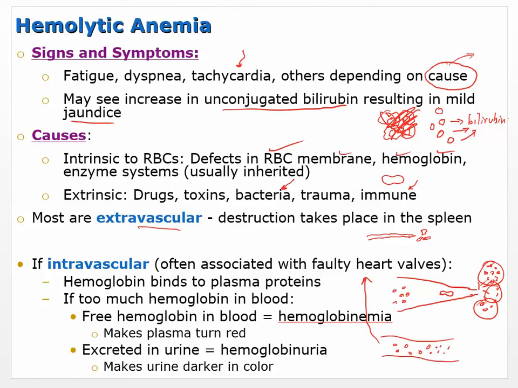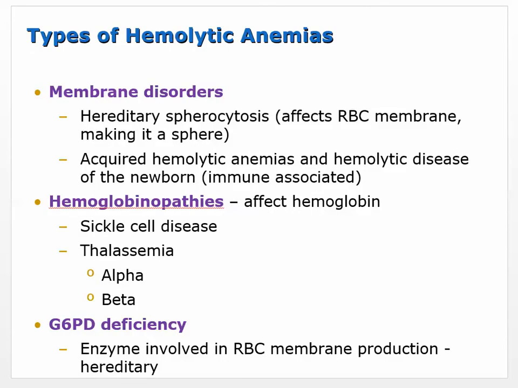But either way, those blood cells broke, and now they're just kind of in there. So that hemoglobin can bind to plasma proteins. We're talking mainly about bilirubin. And if there's too much, then that free hemoglobin that's floating around will make the plasma turn red. It could make its way into the kidneys, and then the heme, which is red in color, will move into the urine, and then your urine is going to be darker in color. So that's another indicator that it's hemolytic.